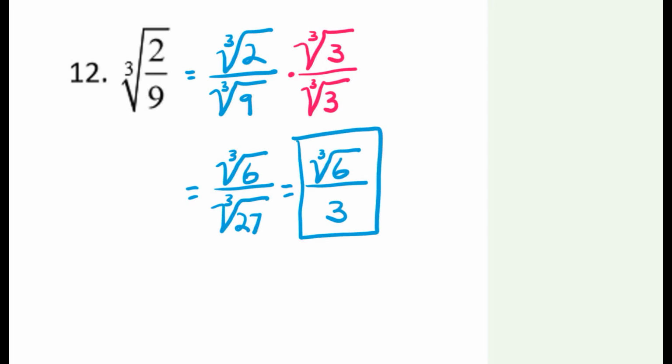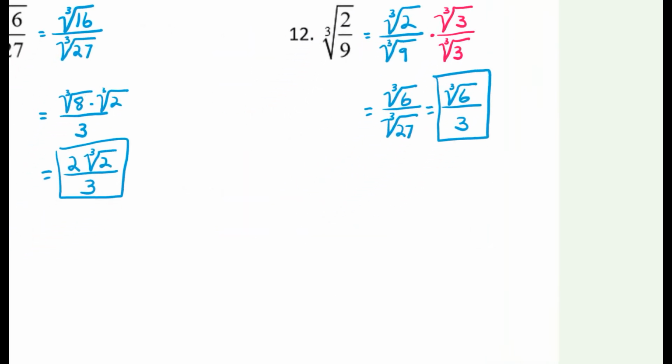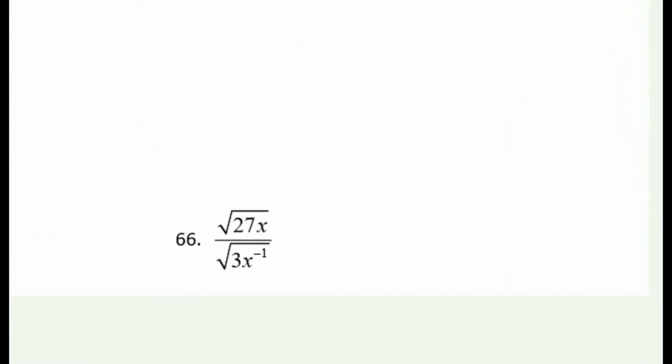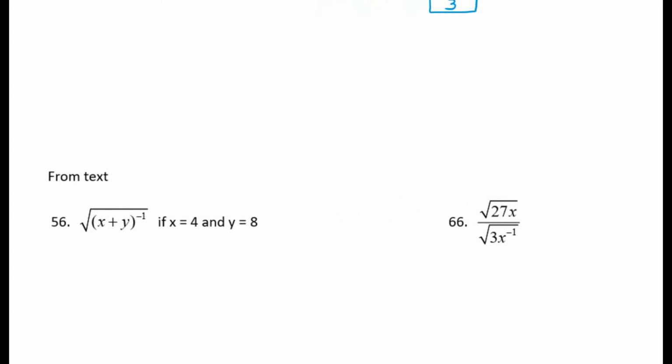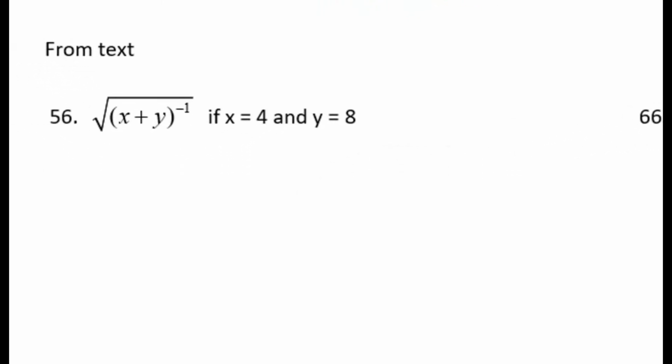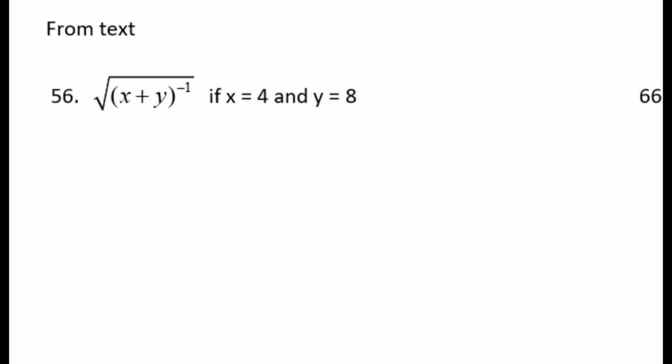All right, last two examples, just again, these include negative exponents to remind us of how they would work. So if I am evaluating or plugging in values, for example, x is 4 and y is 8 in this question, number 56 from the textbook, I'm going to go ahead and plug those values in.